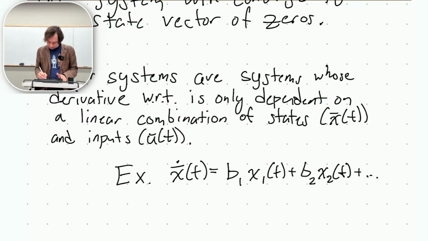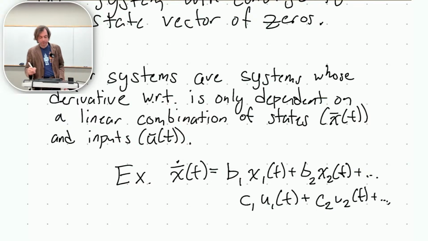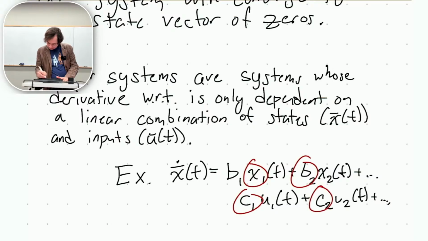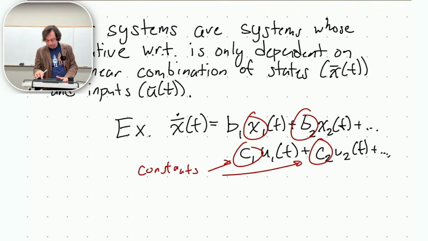And then I'll say c1 u1 of t plus c2 u2 of t plus dot dot dot. Okay? For however many vectors, anyway, so do you get that? That's a linear combination where these are constants. Okay?